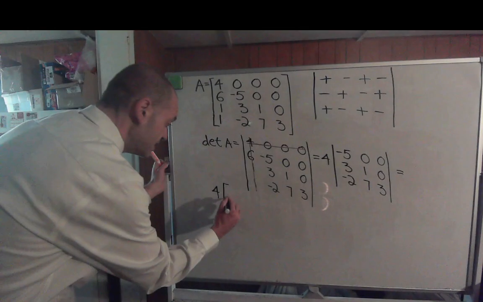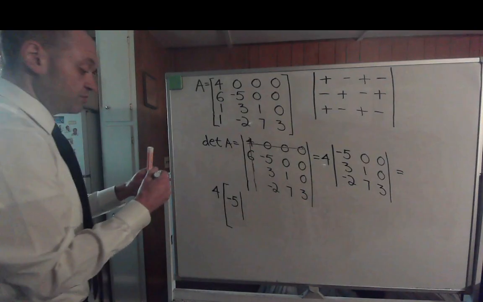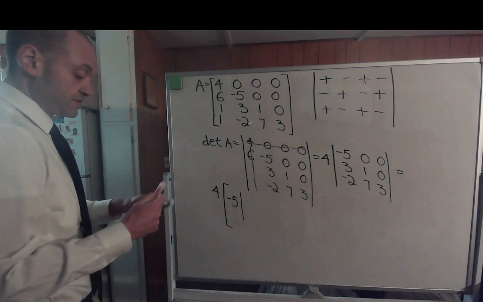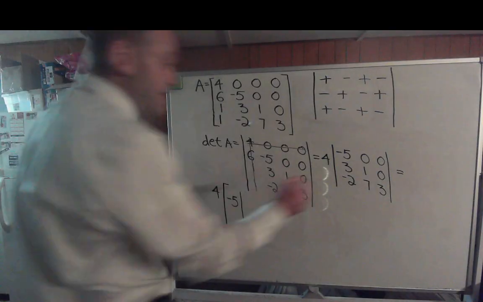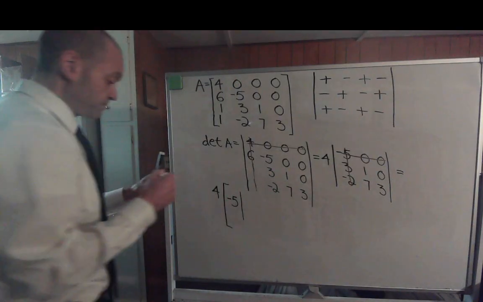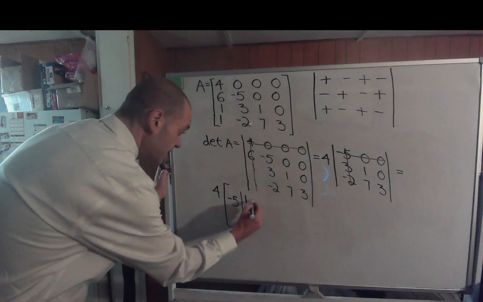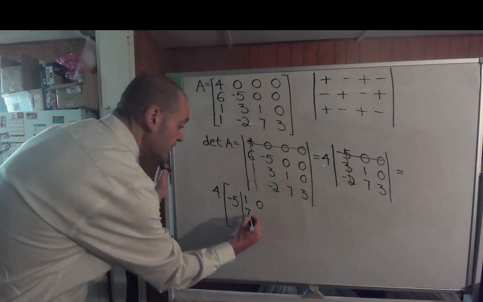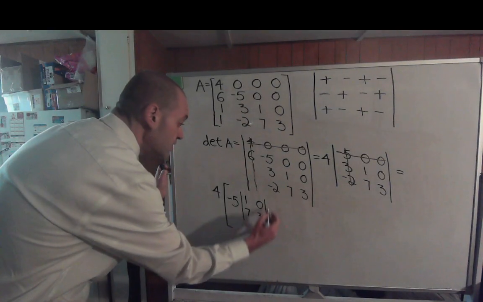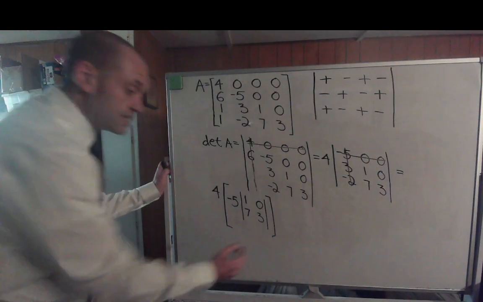So that would just be -5 times the resulting 2 by 2 determinant of what's left. So let's strike out the column and the row in which that -5 occurs. I'll end up with 1, 0, 7, 3. So this 4 by 4 determinant actually turned out not to be too bad.